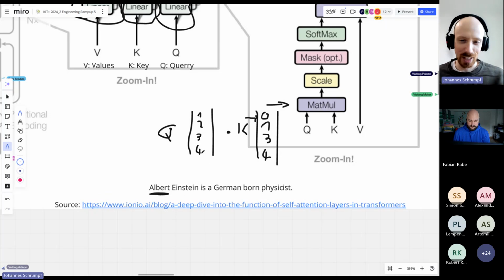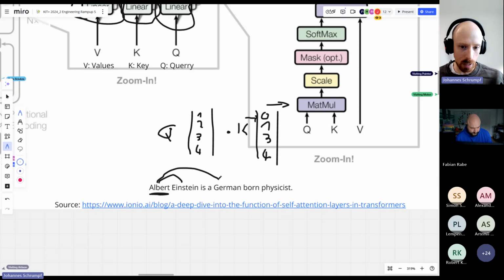Okay, sorry, let's not look at the particular numbers here, but think about this from a language perspective. Albert has a certain relevance for Einstein. Albert has a certain relevance for German. Albert has a certain relevance for Born. Albert has a certain relevance for physicists. And all these connections represent these numbers here.